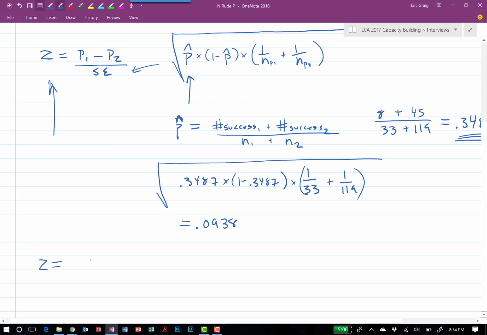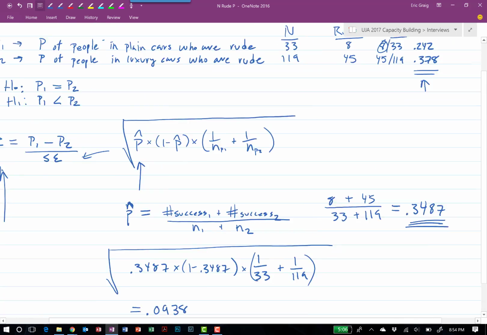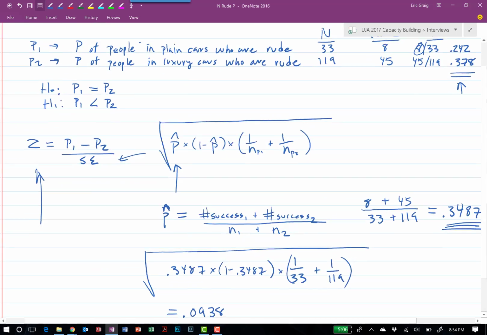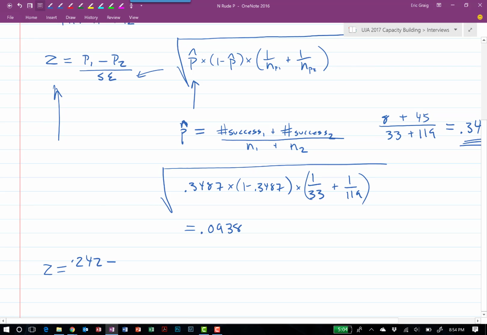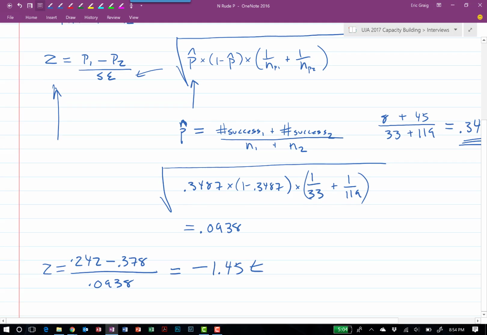Z equals, what's that proportion again? 0.242 minus 0.378 divided by 0.0938, and that is going to come out to negative 1.45. So that is our critical value right there.